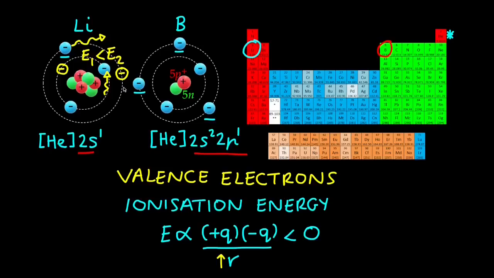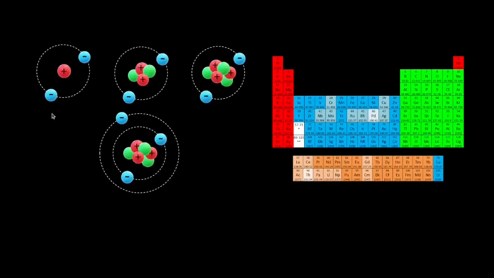So you can imagine it's a lot easier to ionize a valence electron, which is further from the nucleus, than the inner or core electrons. The potential energy of an electron is related to the charge of the nucleus and the charge of the electron, and inversely proportional to the distance of the electron from the nucleus.